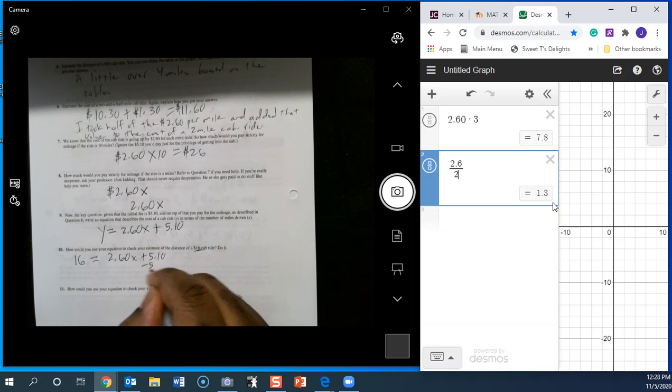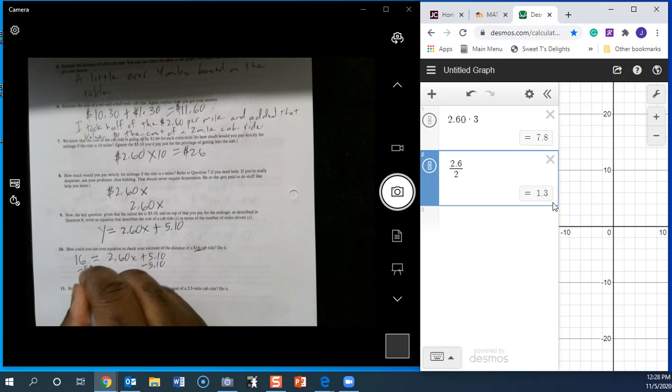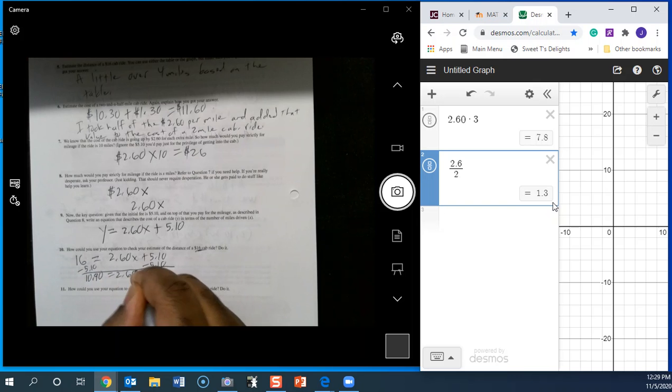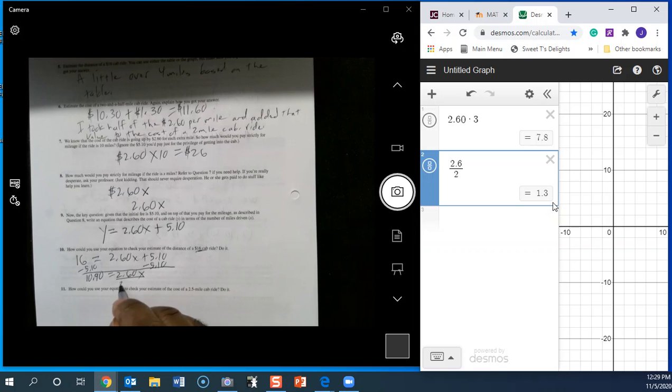So we would subtract 5.10, and that would give us 10.90 is equal to 2.60x. We divide each side by 2.60, and then we will have x, and we'll put this in our calculator.